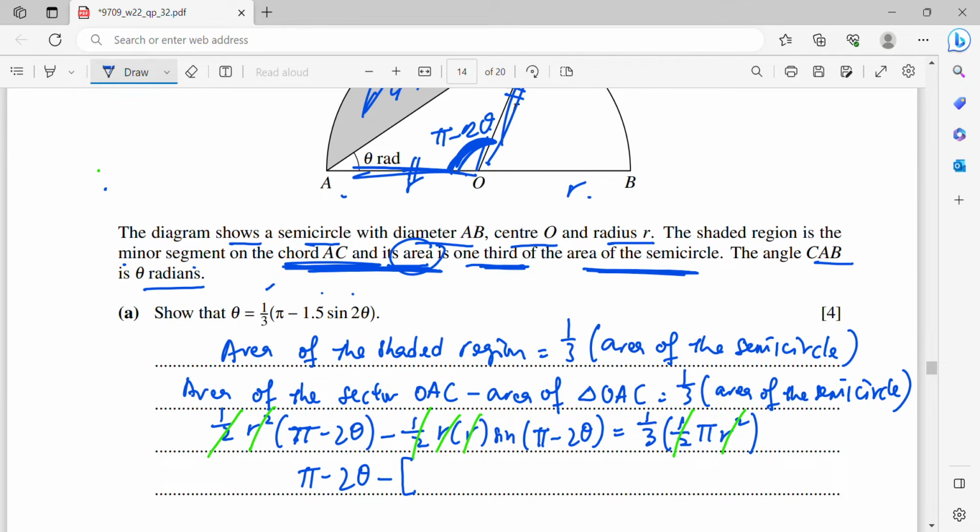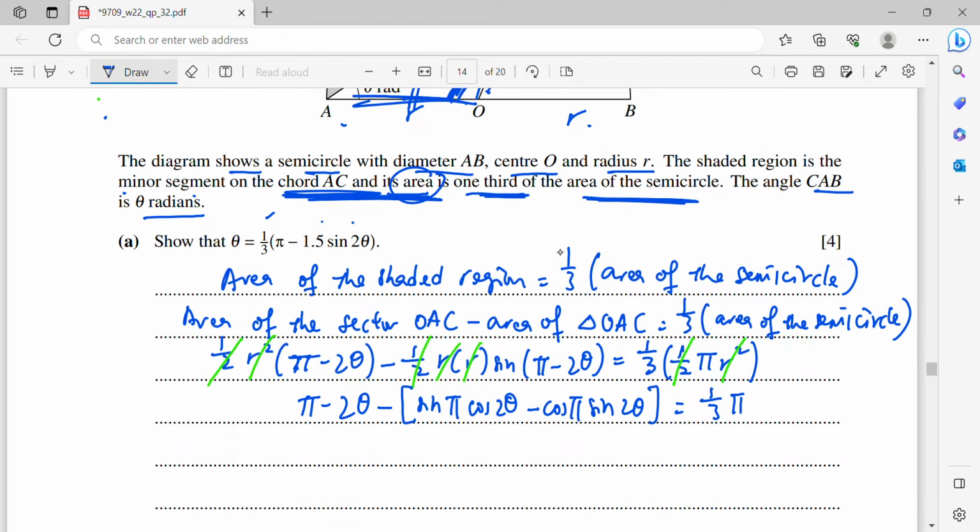If you have no idea what sine of pi minus 2 theta is, you can just do expansion. It will be sine pi cos 2 theta minus cos pi sine 2 theta. Then the right hand side is 1/3 pi.